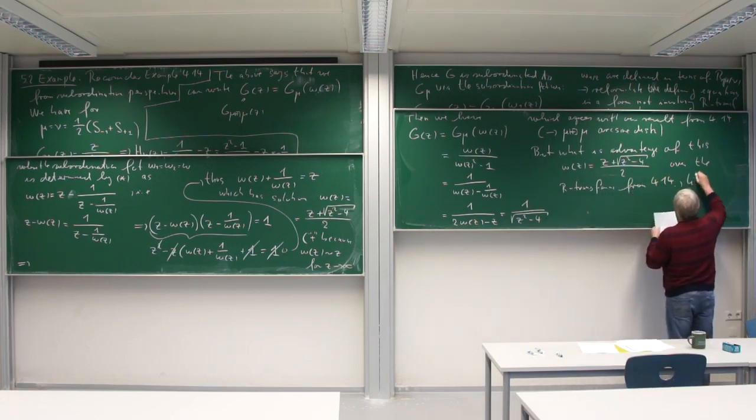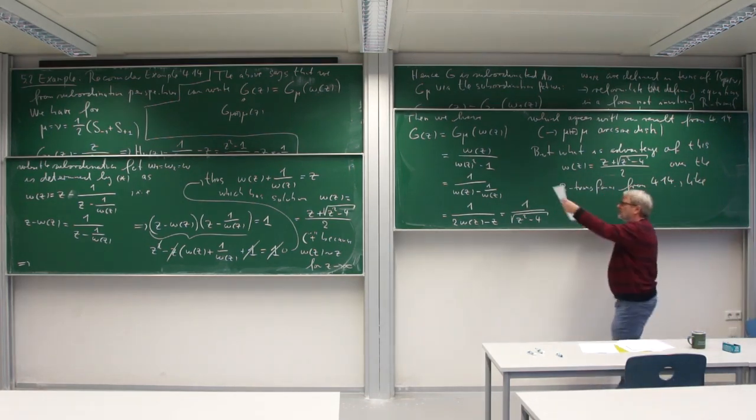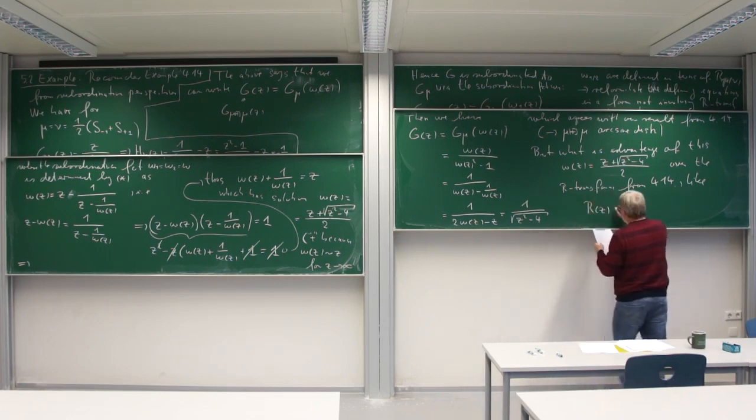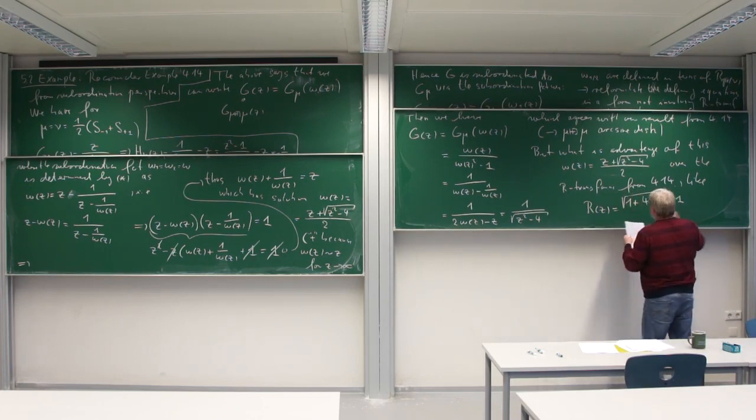Let's say the R transform of the free convolution, also of the final result. So the R transform of the arcsine distribution. So this is 1 plus 4z squared minus 1, divided by z.